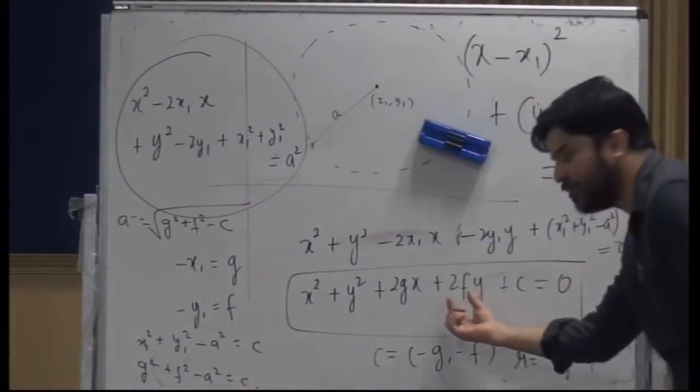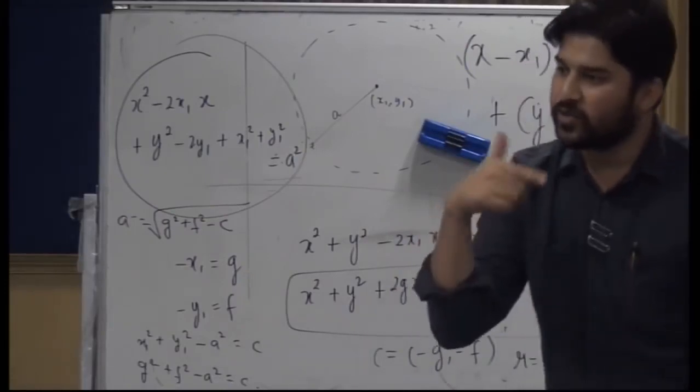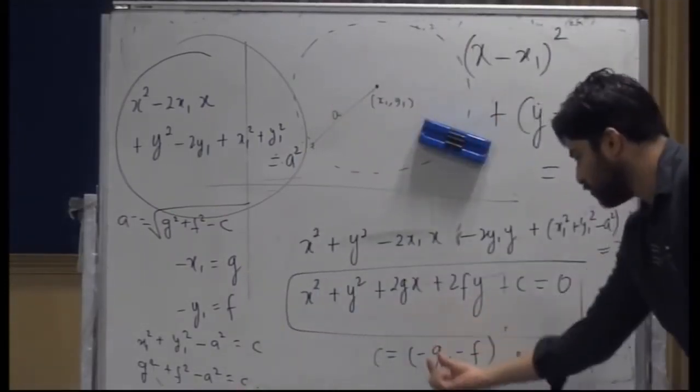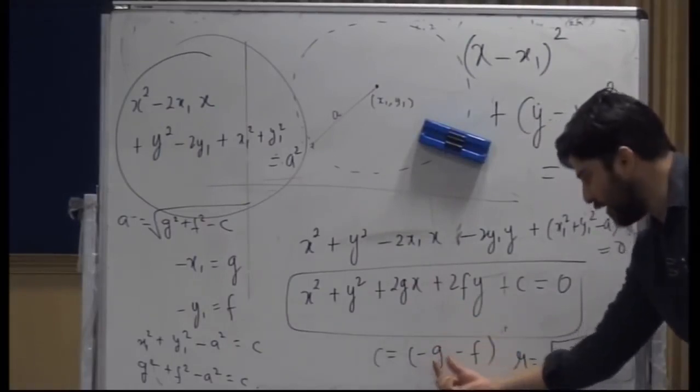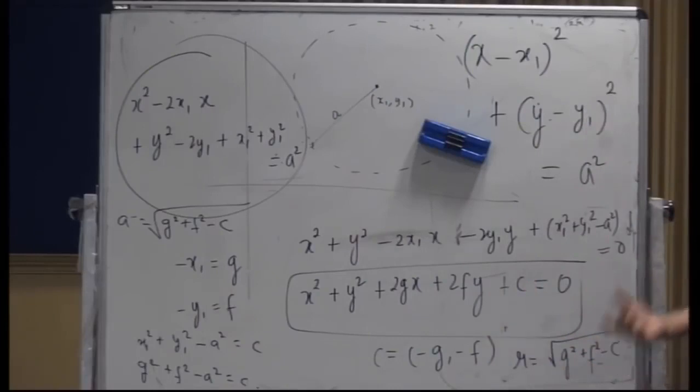Then the coefficient of y divided by minus 2 gives you the ordinate of the center. And that center's square plus square minus the whole constant, under root, gives you the radius, right?